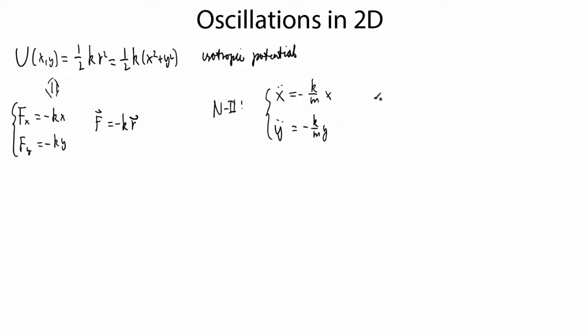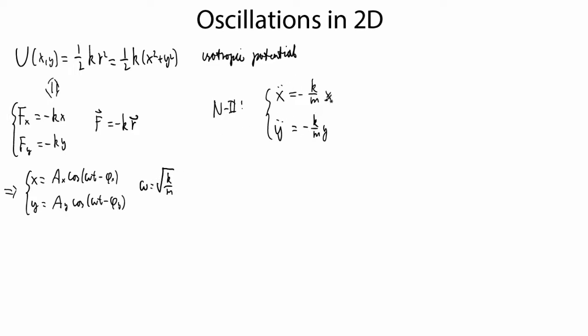And we can quickly solve that. So we have 2 independent equations here. Oh, and of course, omega is the square root of k over m.